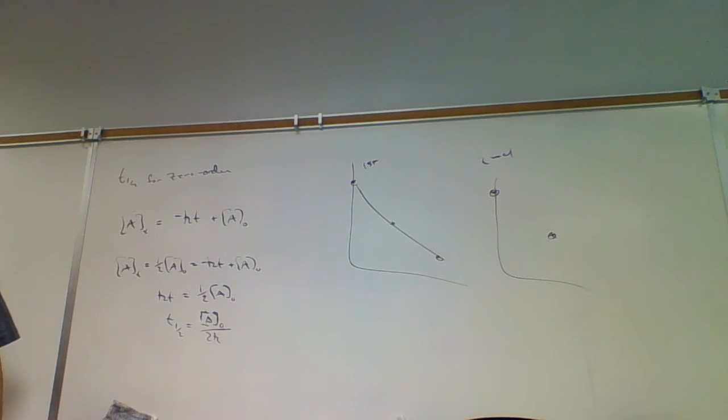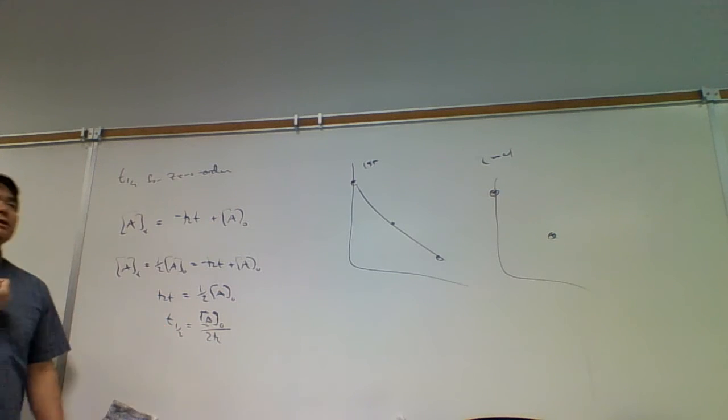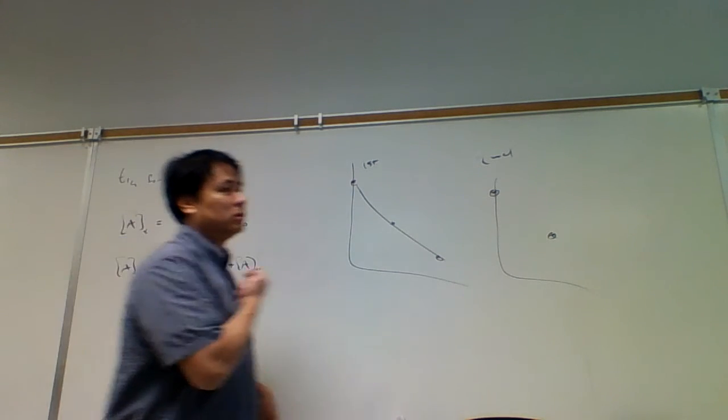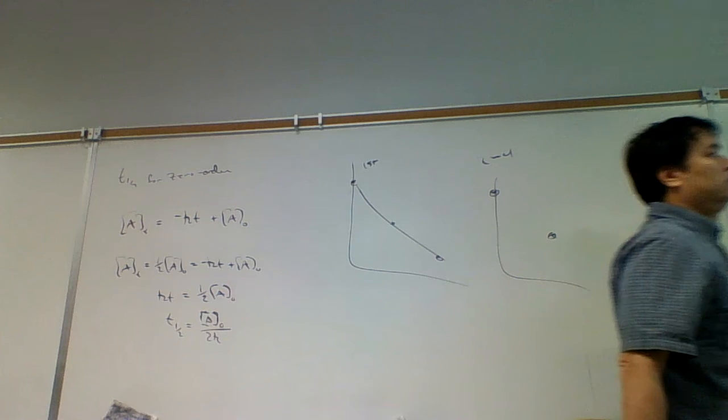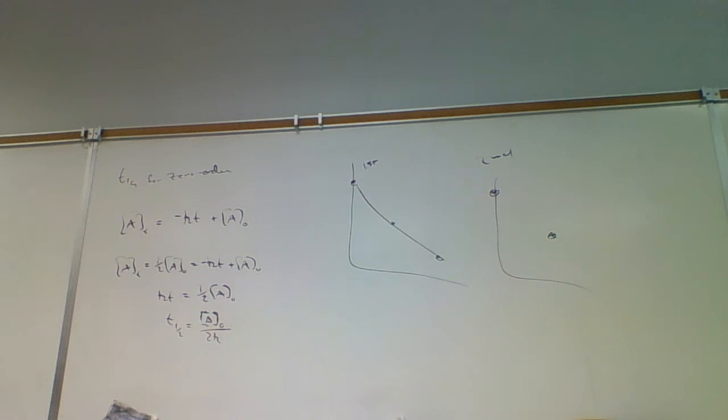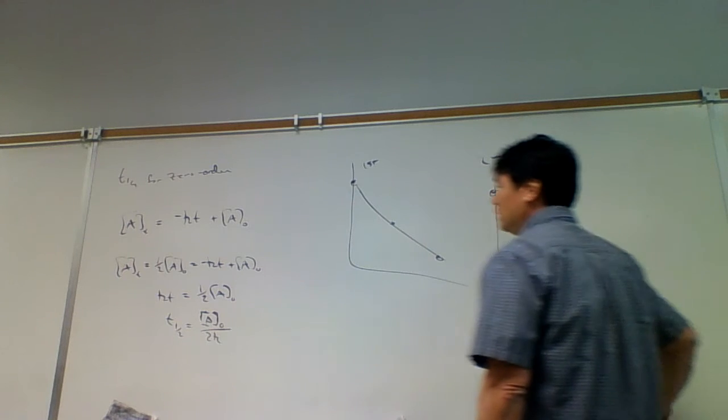So this half-life depends on the concentration for zero order, but for first order, it does not depend on the concentration. Now, we could do the same thing for second order. Okay, let's go to second order here.